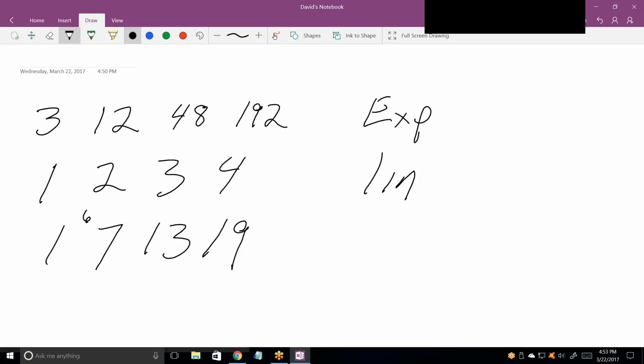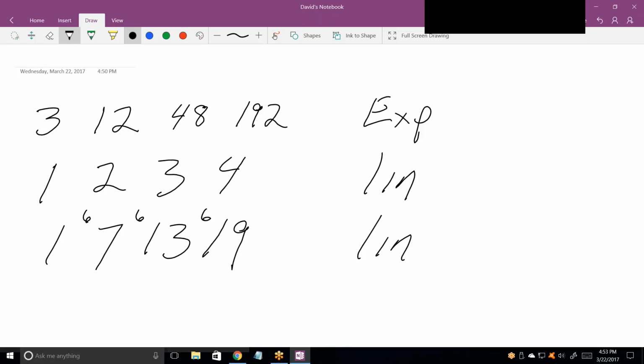There's a 6 difference there, there's a 6 difference there, and there's a 6 difference there. So every term is created by merely adding 6 to the previous term. That makes it linear. In other words, it makes it arithmetic, and arithmetic are the ones that are linear, geometric are the ones that are exponential.